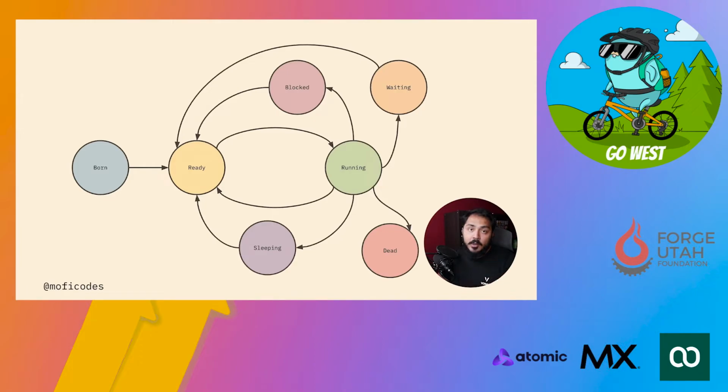Some other process stopped, or the same process blocks the particular thread. It can also be waiting for I/O or a printer, or whatever it can be waiting on, or it could be sleeping. You can send a thread to sleep. After the block is unblocked, the waiting is done, or the sleeping ends, the thread goes back to ready, and it can go back to running once it becomes available, when the process has more threads available. And at some point, when the thread has done all the work it needs to do, it can go to a dead state where the thread is killed.